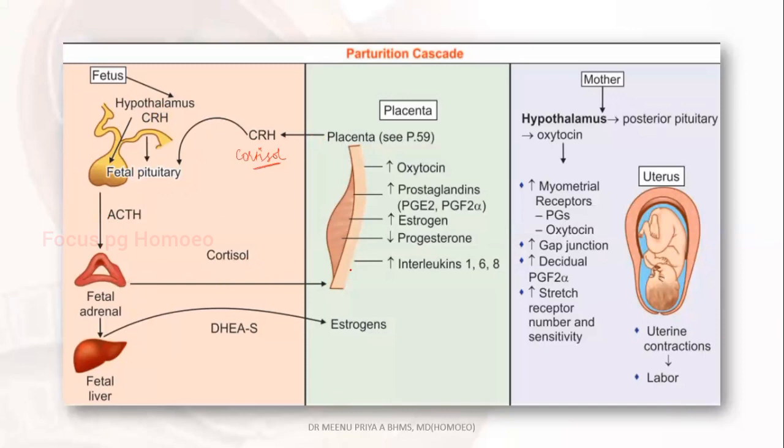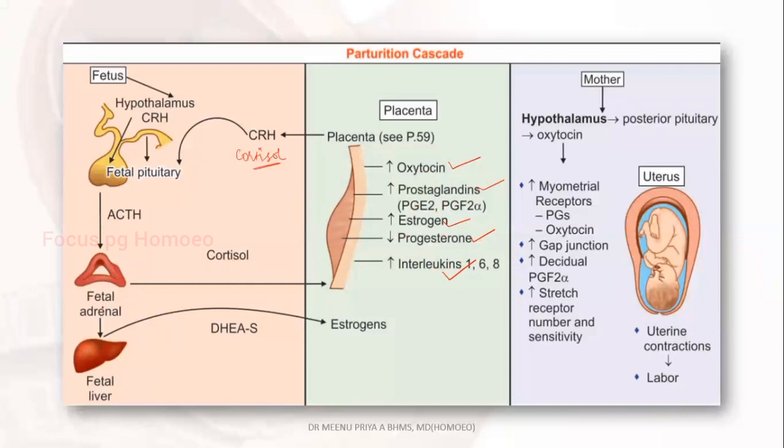This cortisol stimulates the placenta to produce oxytocin, increased prostaglandins, increased estrogen, increased progesterone, and increased interleukins. Once these hormones are high, it is the ideal situation for true labor to begin its process.